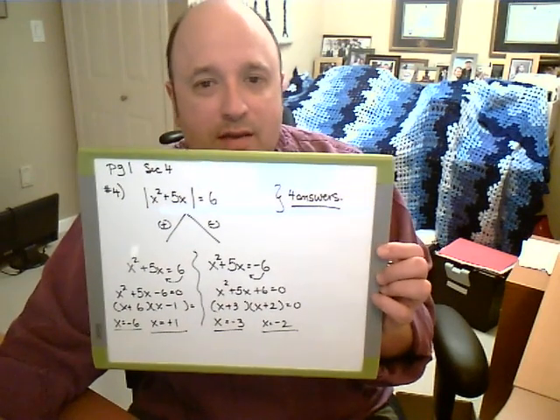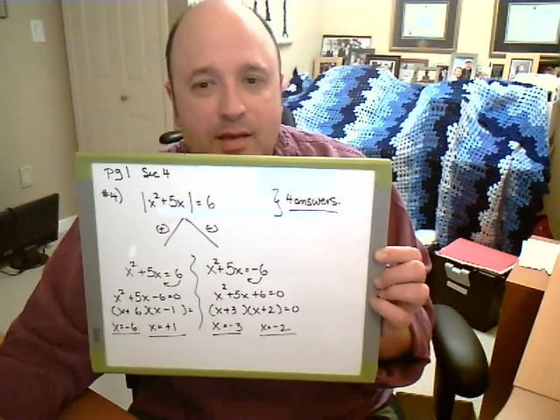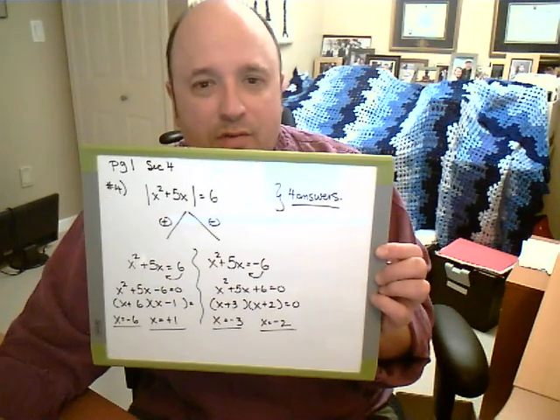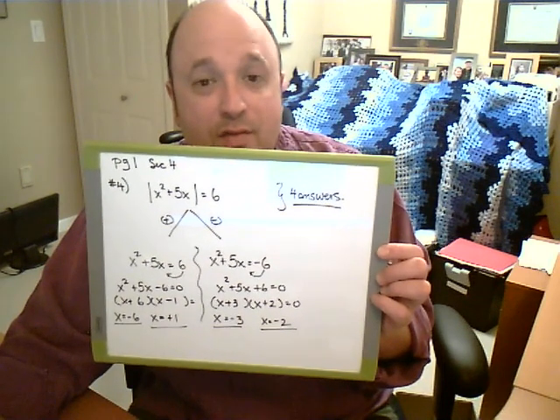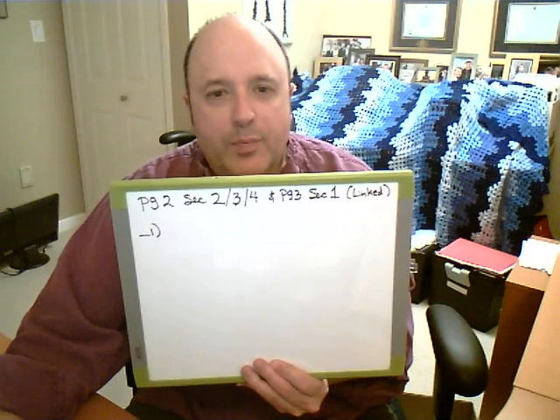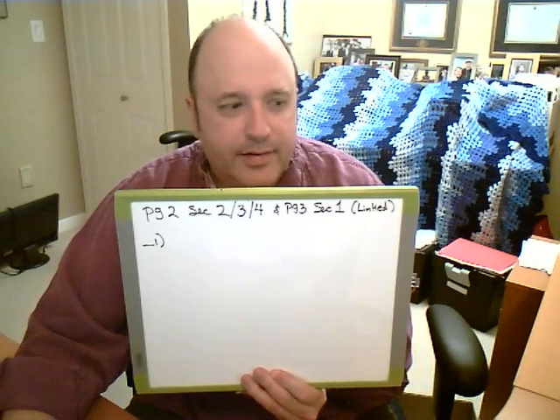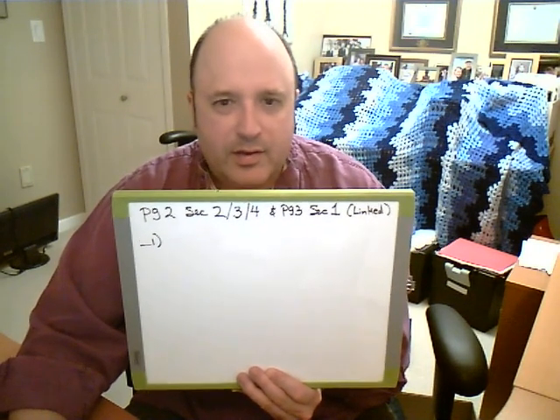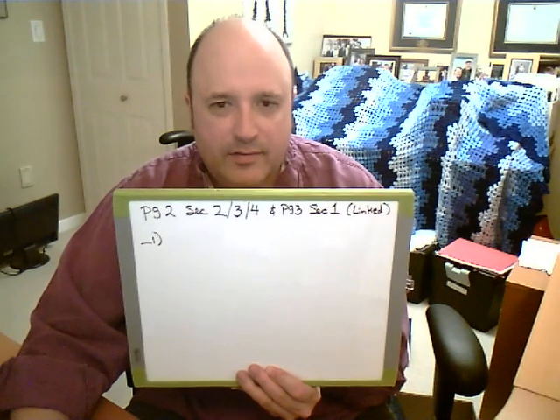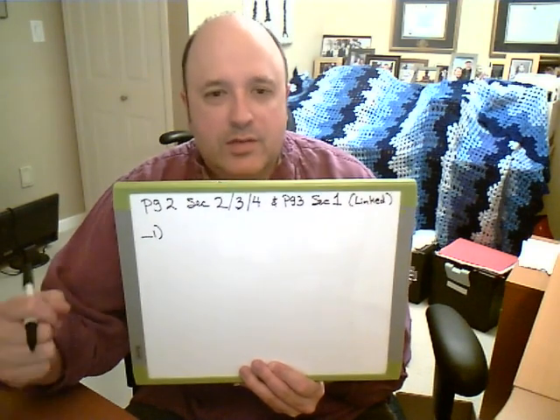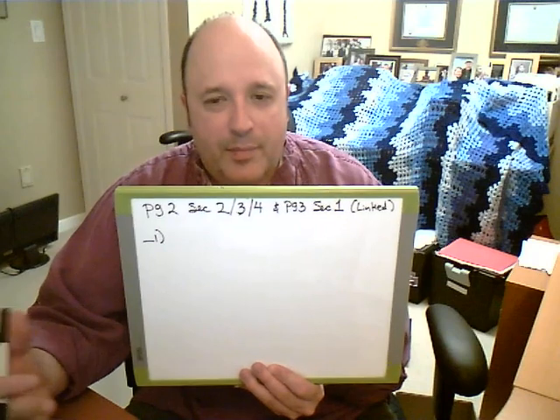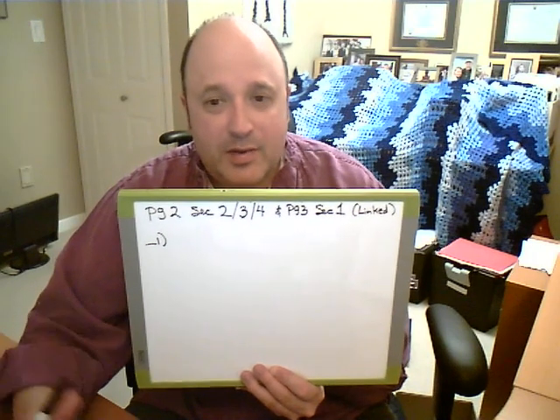Okay, so let's go on to the next page that talks about square roots, and then I'll help you work your way through the sections near the end of the booklet. Page 2, section 1 is practice of the stuff that we did last video. Sections 2, 3, 4 on that page, plus section 1 on the next page, are all linked together.